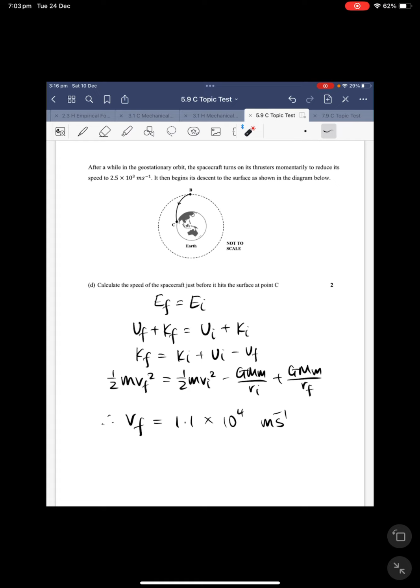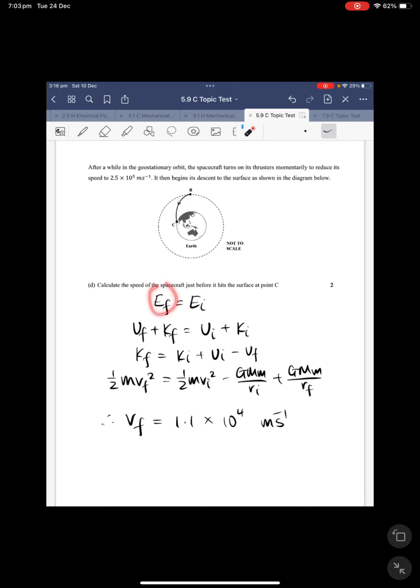Now, considering the path from B, after the thrusters have been applied, so when it's traveling at 2.5 times 10^3 meters per second. In this path energy is still conserved because the thrusters are no longer acting. So the final energy is equal to the initial energy.